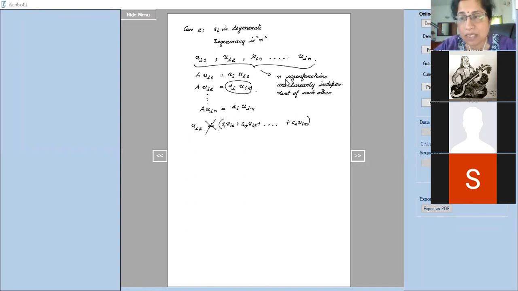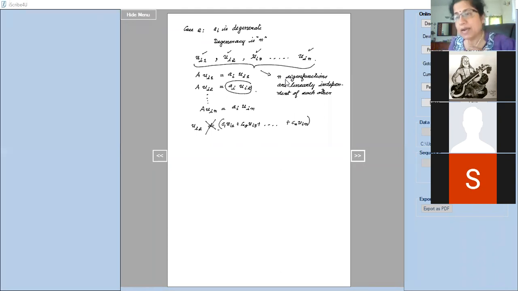So similarly, here I am telling you that these are all linearly independent, which means they form an orthonormal set. One of them cannot be written in terms of the other. Is this clear to everybody? Has everybody understood this? Yes, ma'am.